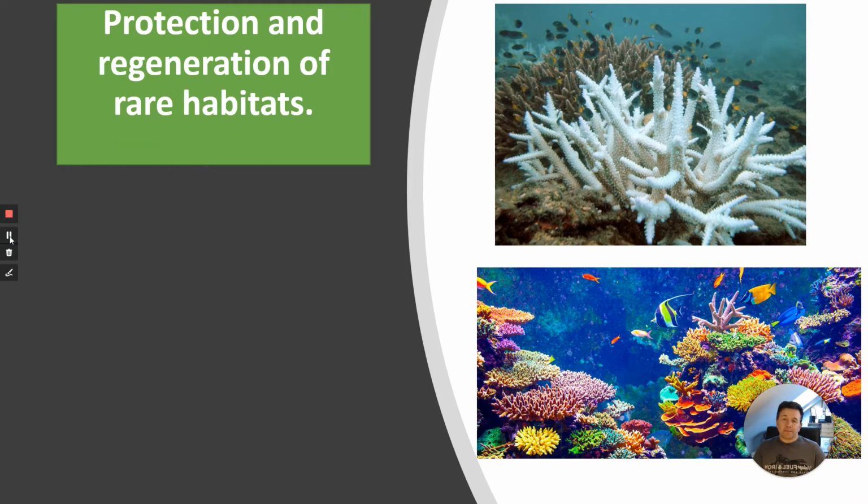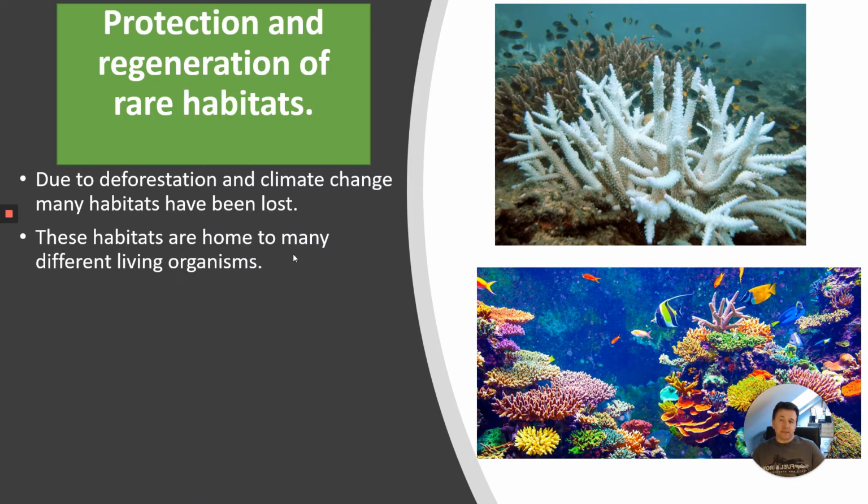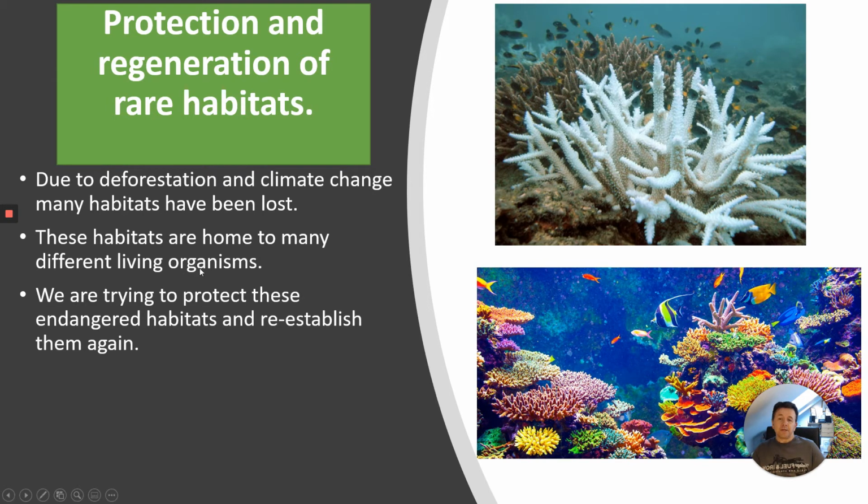Also, human activity has affected the habitats of different species. So there are many different programs for protecting and regenerating rare habitats. For example, here are the corals. They're very much affected by the warming of the seas. Due to deforestation and climate change, many habitats have been lost, and these are home to many different living organisms.